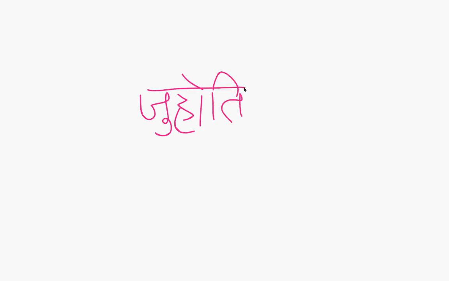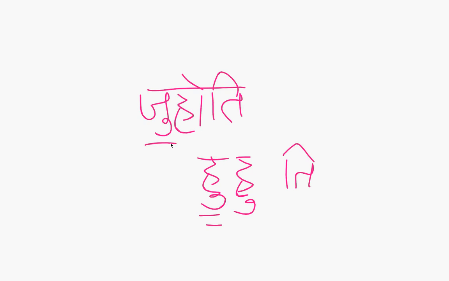But you see, hu is actually duplicating with hu, and ti is added. This first one should have become huhoti, but in the prayoga, Ju is there; hu changes to Ju, Juhoti.